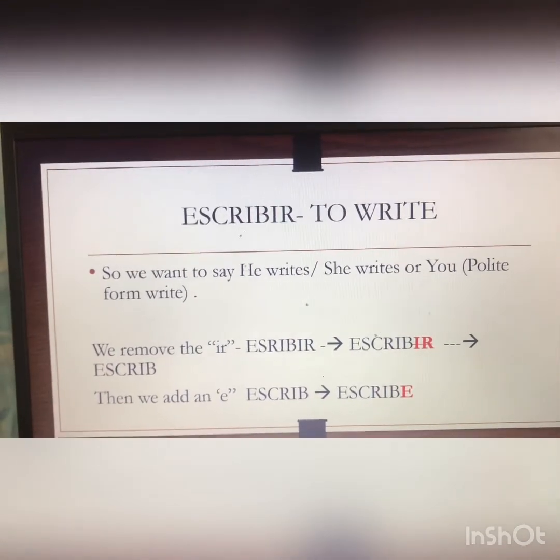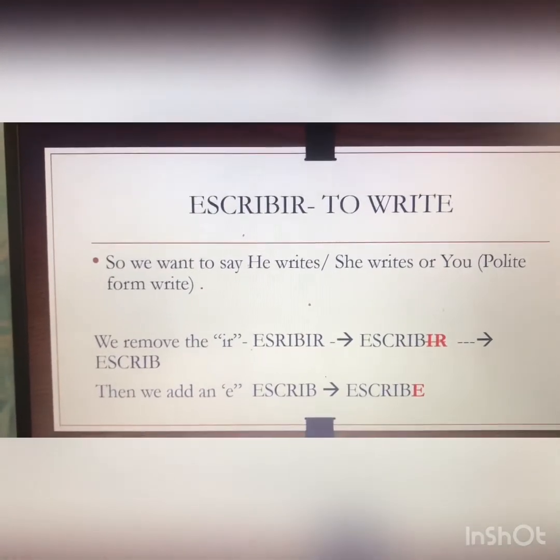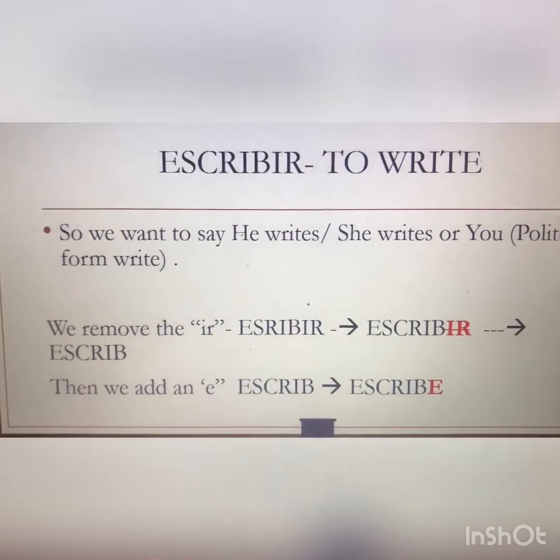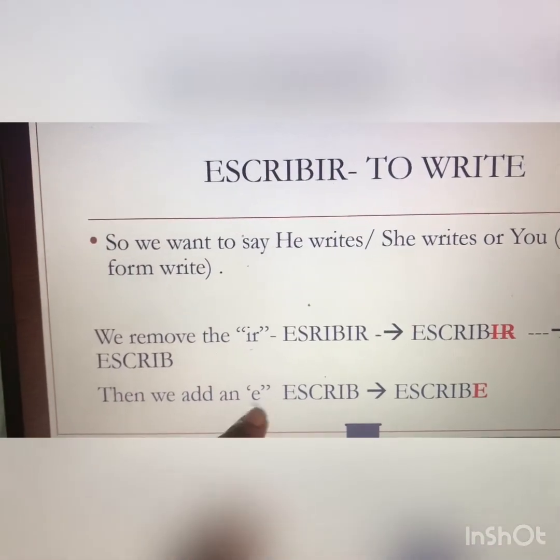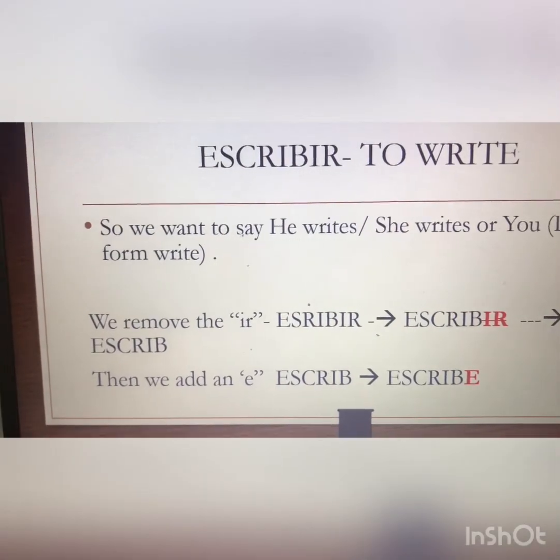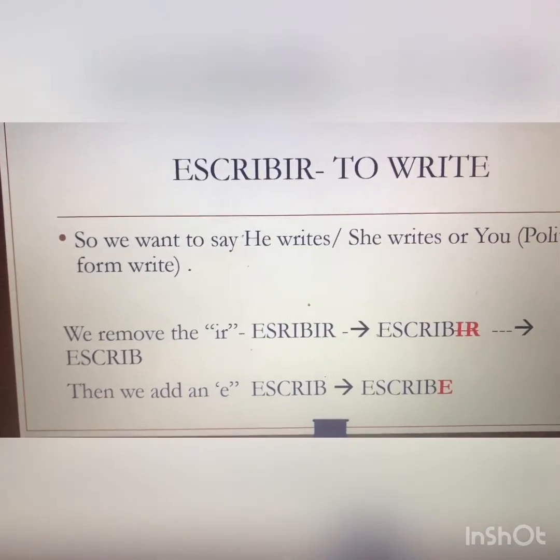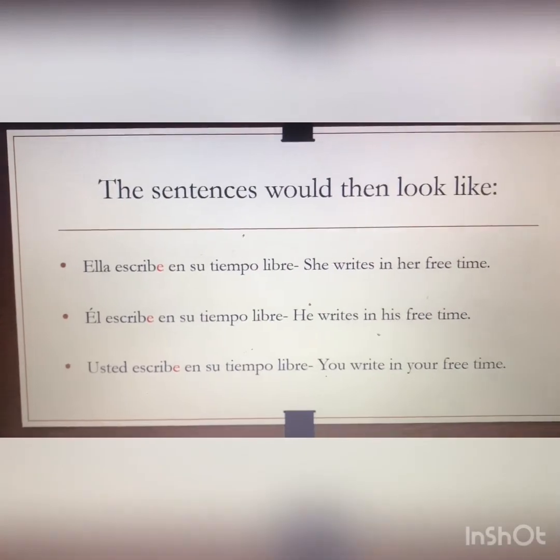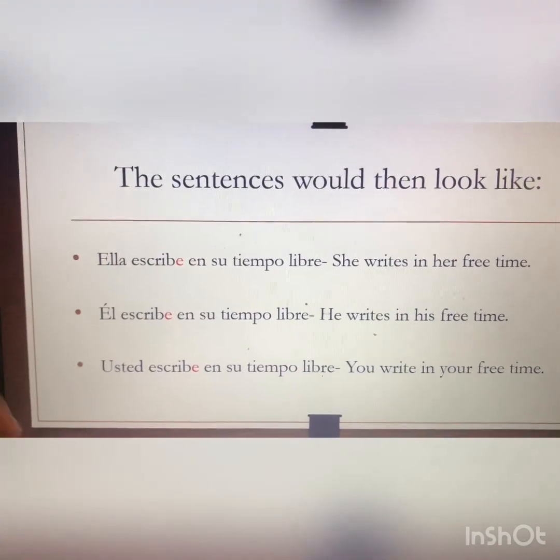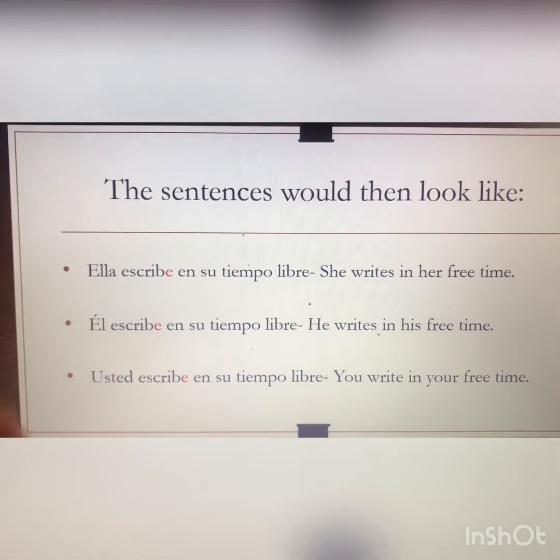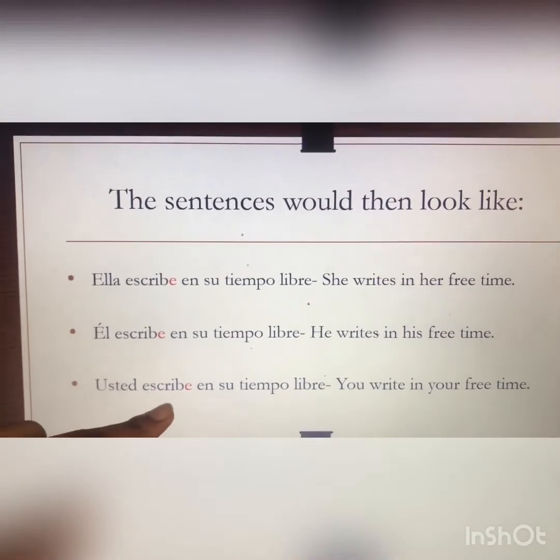So we're going to remove the IR. So when we remove the IR from escribir, we end up with escribe, and then we add an E. When we add an E, we get escribe. Alright? So the sentences would then look like this. Ella escribe, él escribe, and usted escribe. Alright?